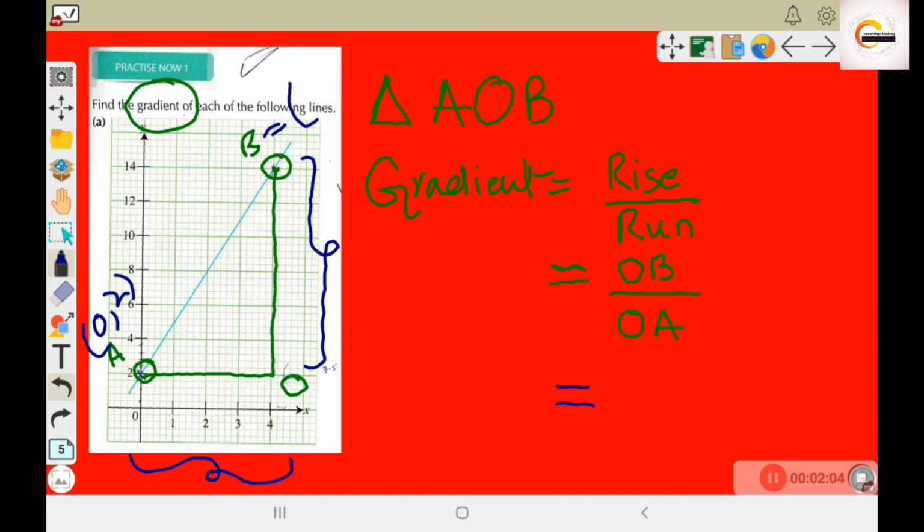We first have to write the coordinate of x, that is 4, 14, right? And similarly the coordinate of O will be 4, 2.